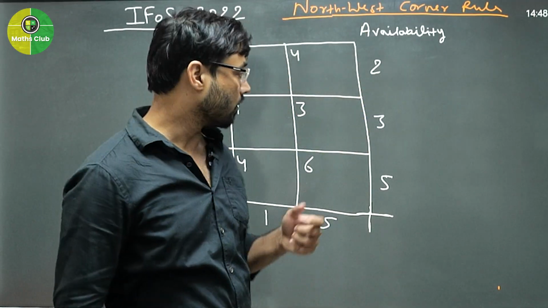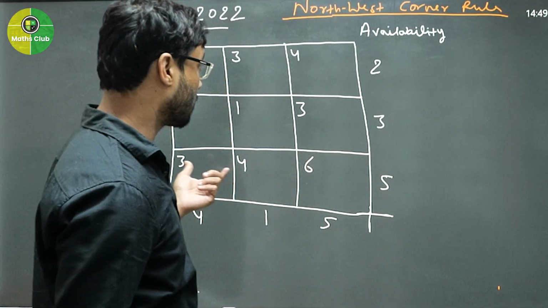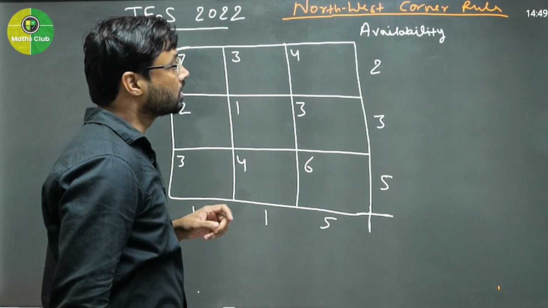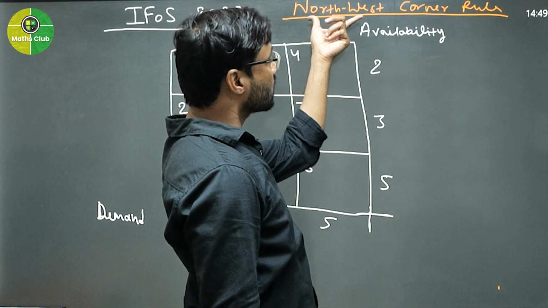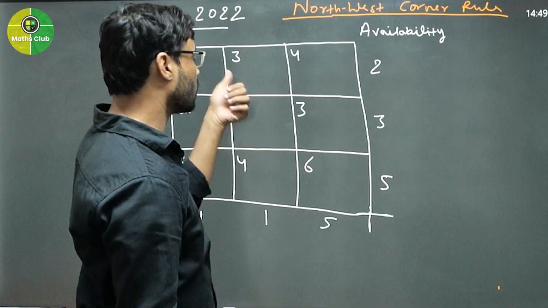So how do we find the initial feasible solution by the northwest corner rule? The name itself says it: the northwest.